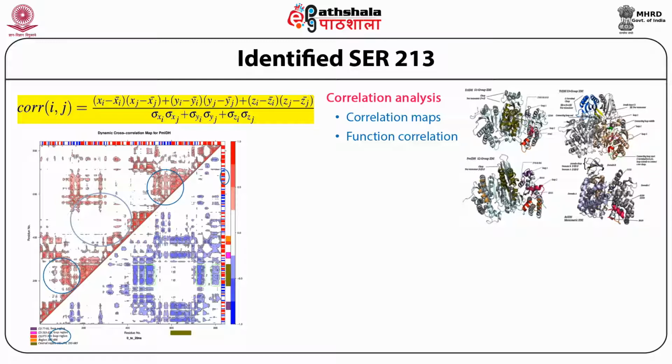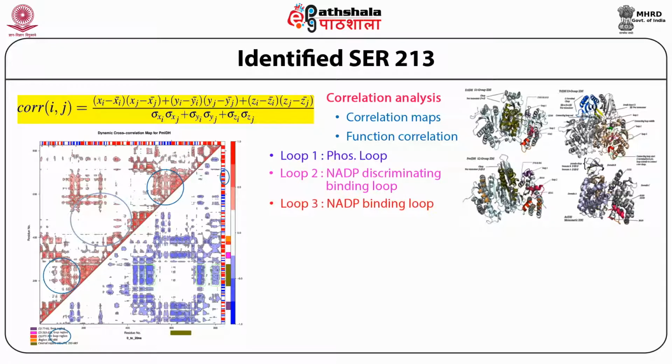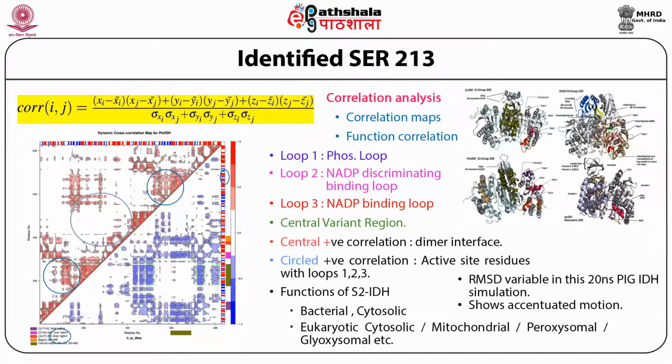Some are NADP binding, some are NADH binding, etc., which is detailed in my cited paper. However, what is important to note here is the color coding of 5 loops. One is the phosphate loop, which is important, the NADP determining binding loop, the NADP binding loop, then there are variant regions and so on. All the colors are coded and written.